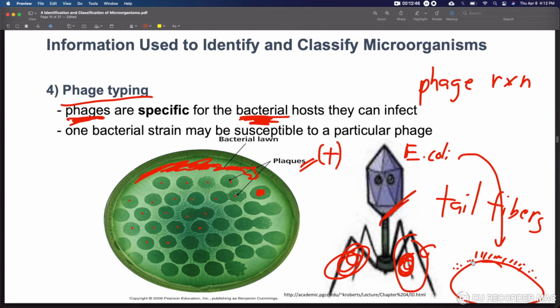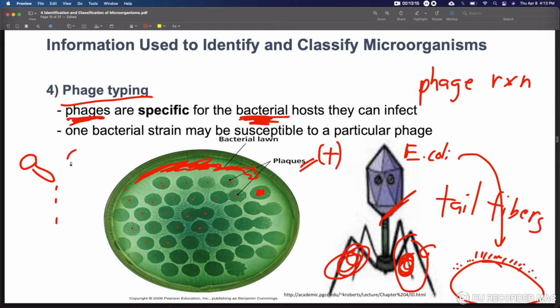Okay? So if I have a bacteriophage solution, so this is the dropper, if I have a bacteriophage solution for E. coli, I drop it here and it doesn't form any plaques. That means that organism is not an E. coli.